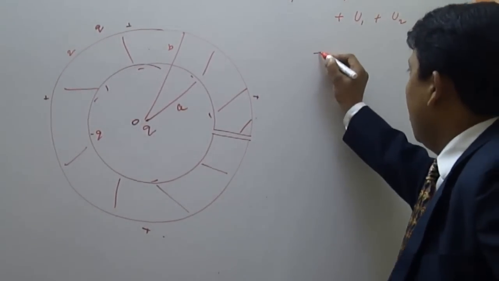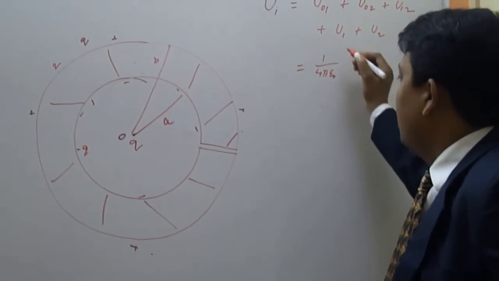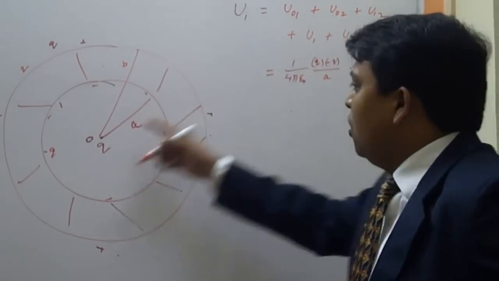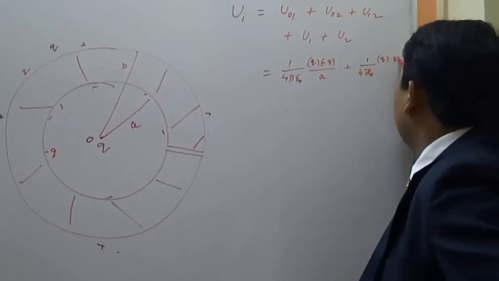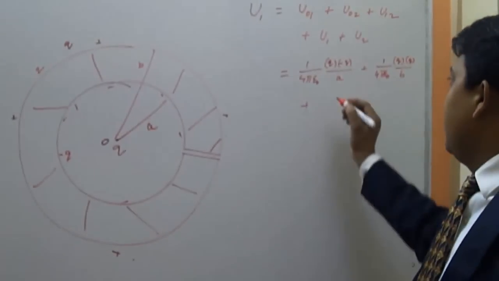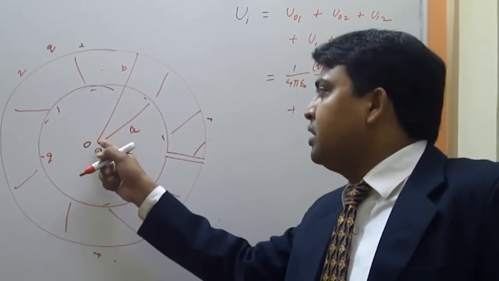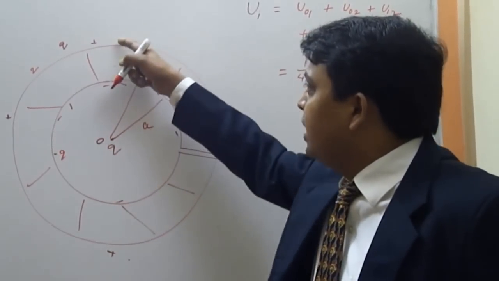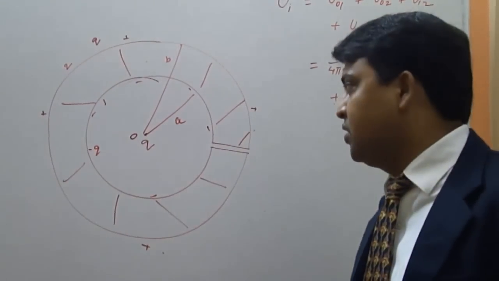U of O and 1 will be 1 by 4 pi epsilon naught, Q into minus Q by A. O and 2 will be 1 by 4 pi epsilon naught Q into Q by B, and 1 and 2 we can find by thinking that minus Q is at the center, to find the potential outside the radius A. So the potential for minus Q here will be 1 by 4 pi epsilon naught minus Q by B, multiplied with plus Q charge, which gives the potential energy between 1 and 2.